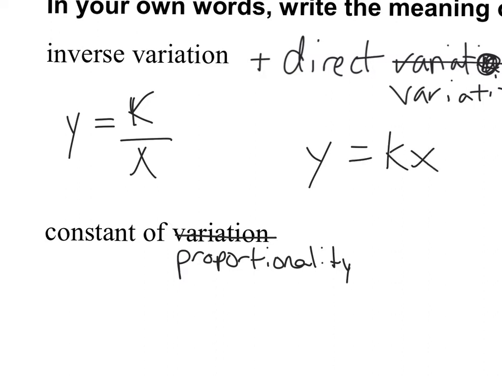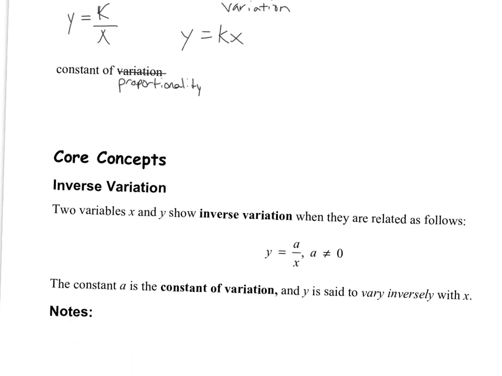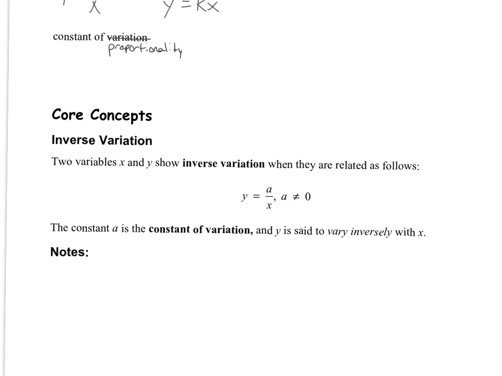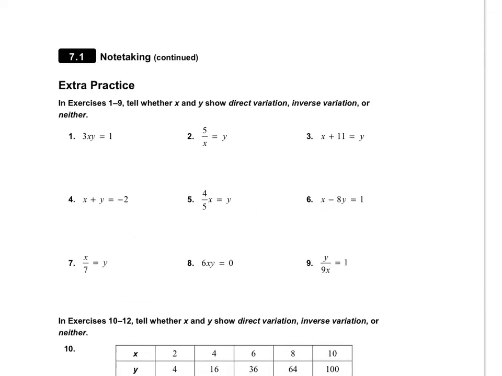So inverse is division, and direct variation is multiplication. Sort of easy to remember. But in most problems, it'll actually tell you whether it's direct variation or inverse variation before you start. And if you scroll down below, you can see the formulas there. They use A, and they call it the constant of variation in our book, but most other places you'll see a constant of proportionality. Okay, so let's look at some examples.